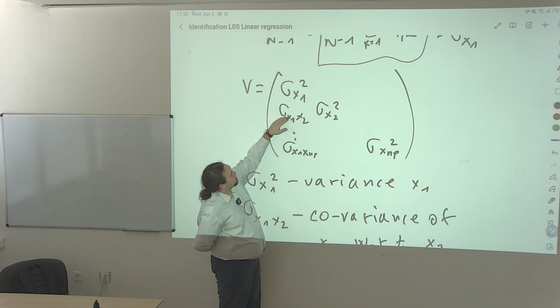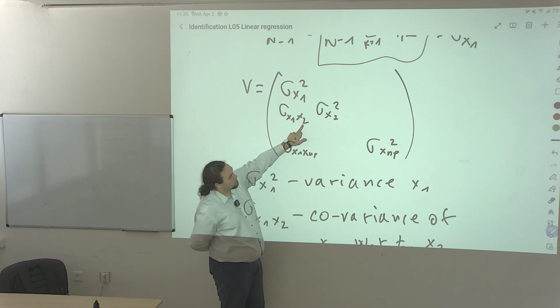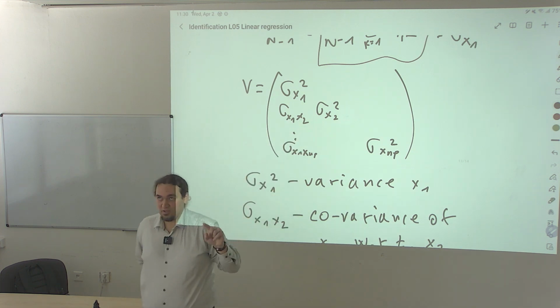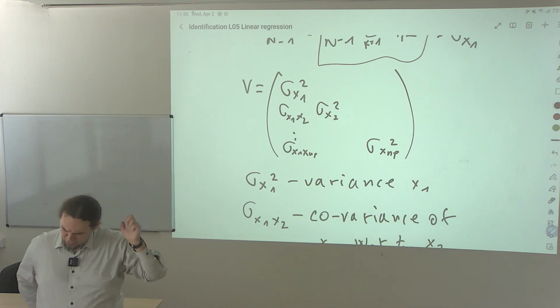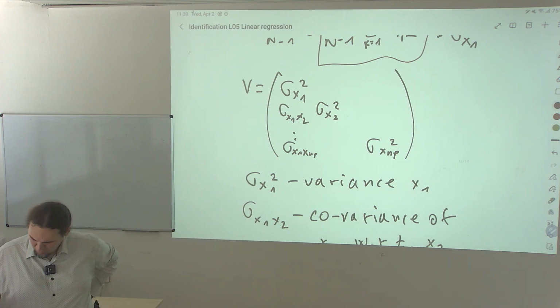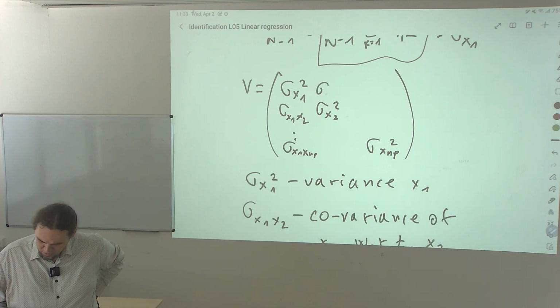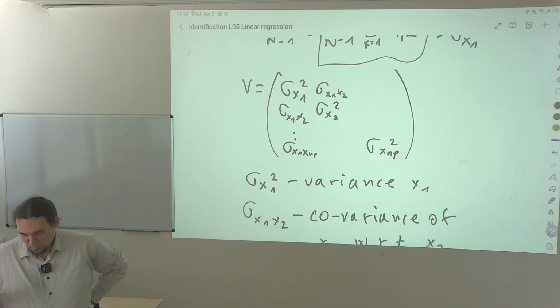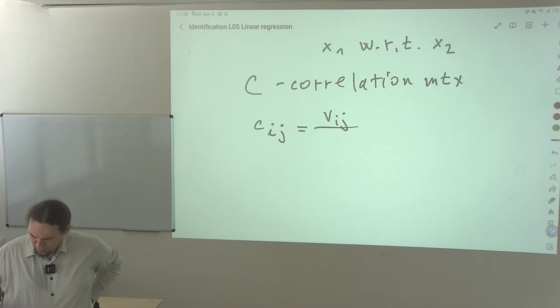The second row, first column, the covariance of x1 and x2, is V12, or V21, because it's symmetric.